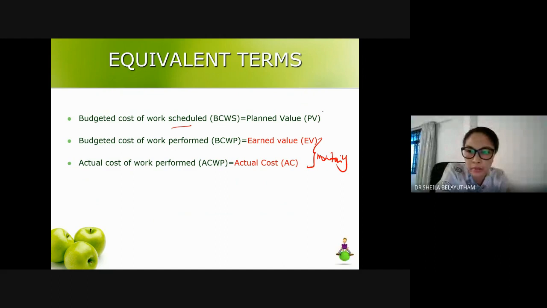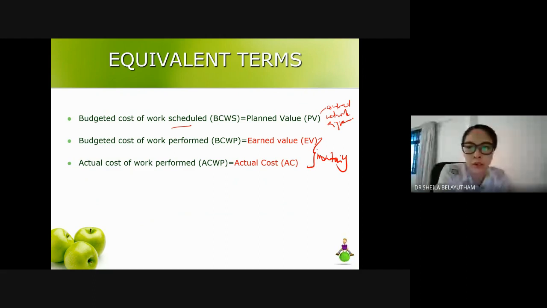This is based on your original contract and also network diagram. So this is considered sort of like a fixed schedule.